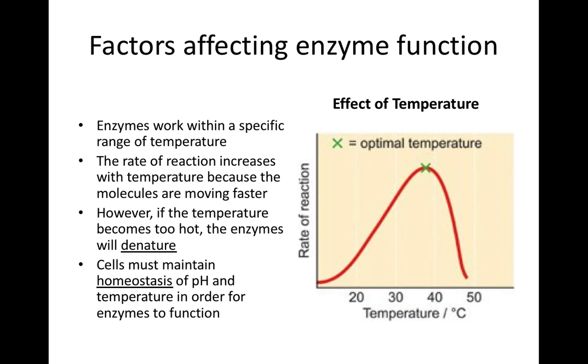However, on the right side of the graph, the slope is more steep. This indicates that the enzymes stop functioning fairly suddenly. This is because when the conditions reach a certain temperature, the enzymes rapidly begin to denature and can no longer function at all. Again, this is why cells must maintain homeostasis to keep pH and temperature within the optimal range.